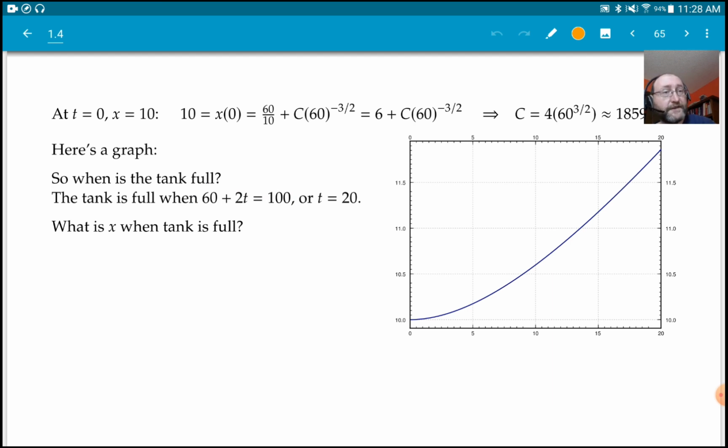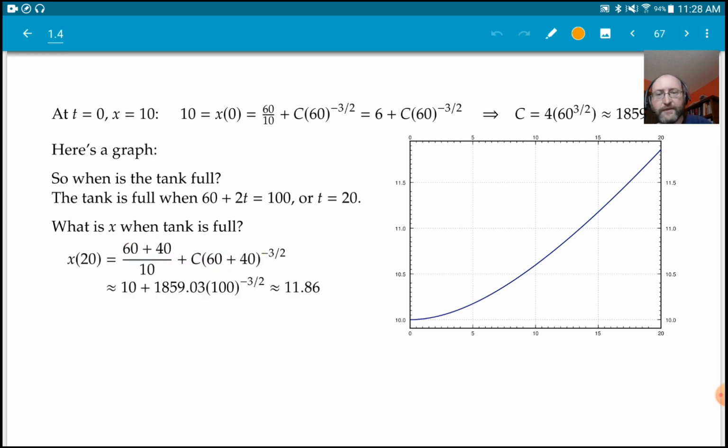So what is x when the tank is full? Well, it's going to be this thing, with that c in there, so we plug in that c over here. That's approximate, and we get approximately 11.86 kilograms of salt when the tank is full.